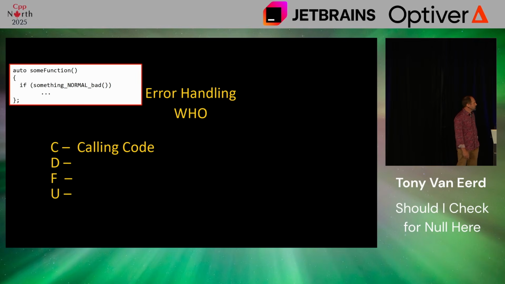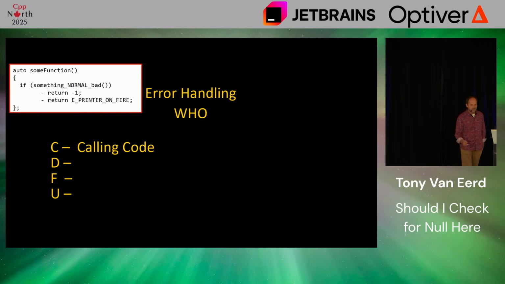So the calling code should handle it. What are we going to return? Maybe we return some kind of error value, -1, and you document that -1 means do the thing. Or something better than -1, like an enum or something like that.